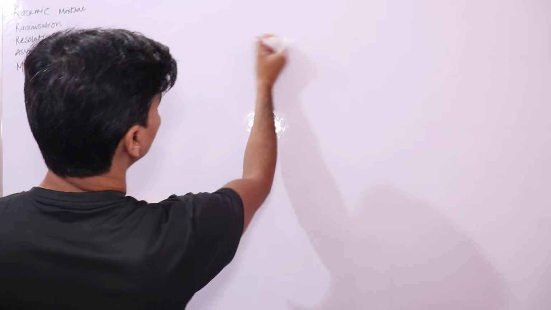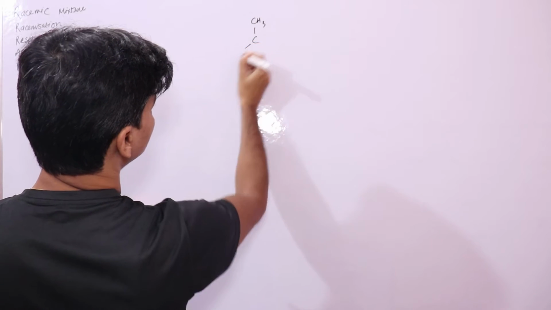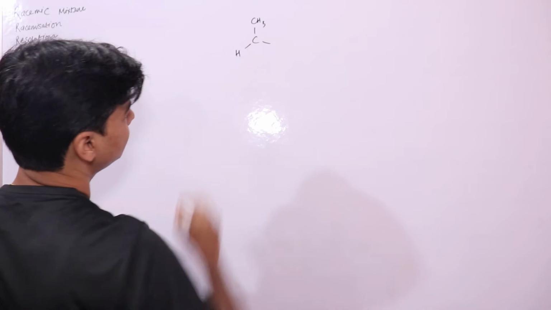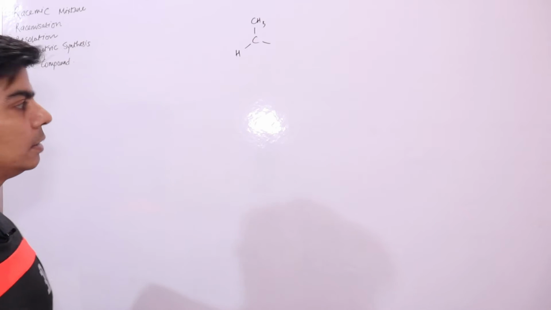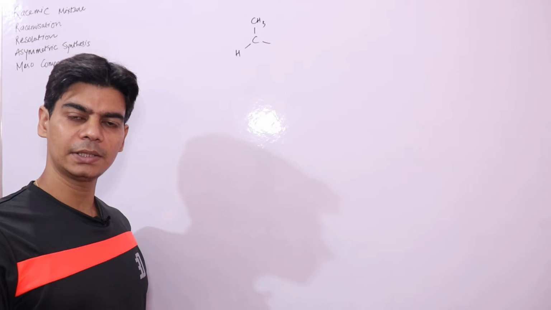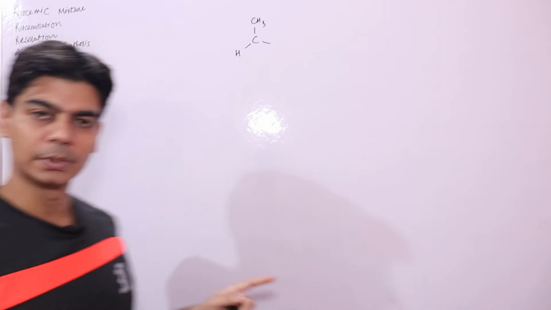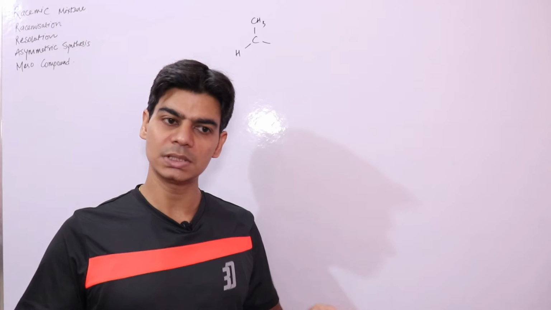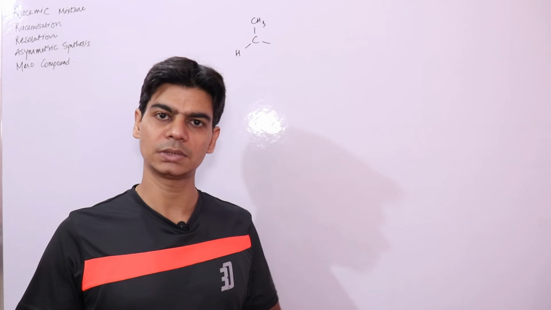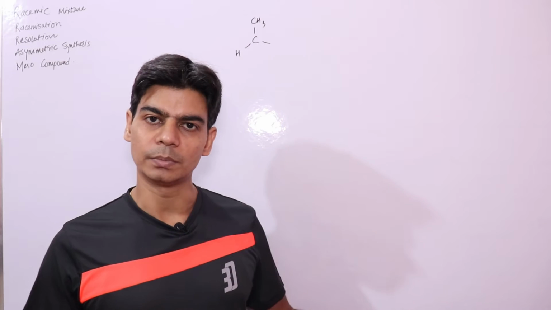Just to brief you on it, let's take the example of lactic acid that shows optical activity, and it has two forms, D lactic acid and L lactic acid, right? Both these are optical isomers, and these optical isomers we call enantiomers, right?